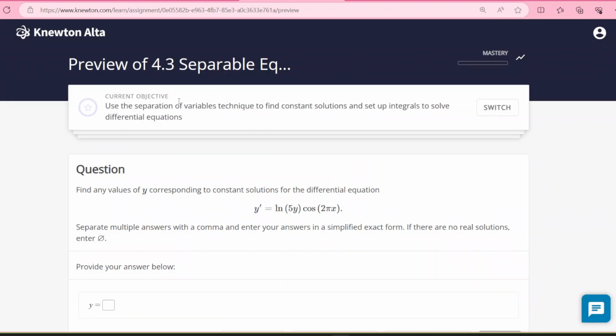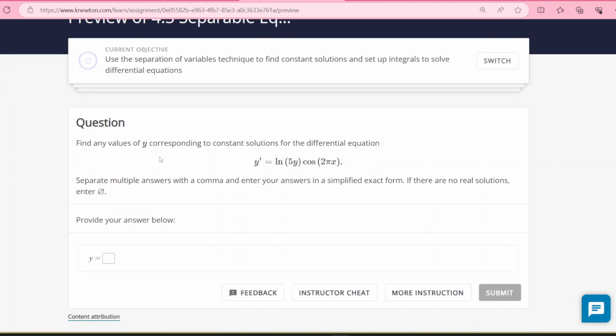Then you have a current objective, and underneath it, a question related to that objective. And at the bottom of every question, you should be seeing a feedback button.